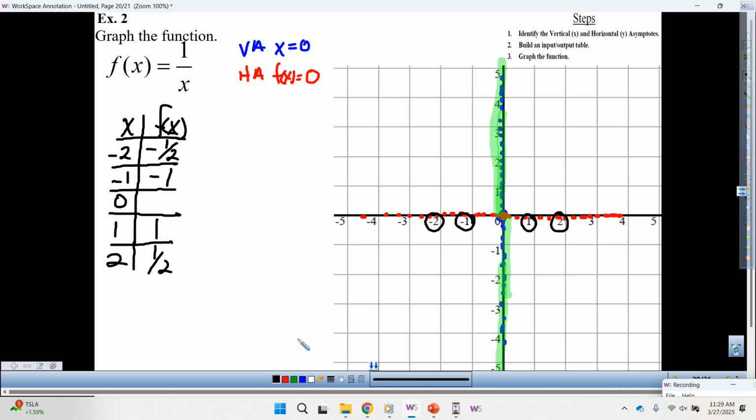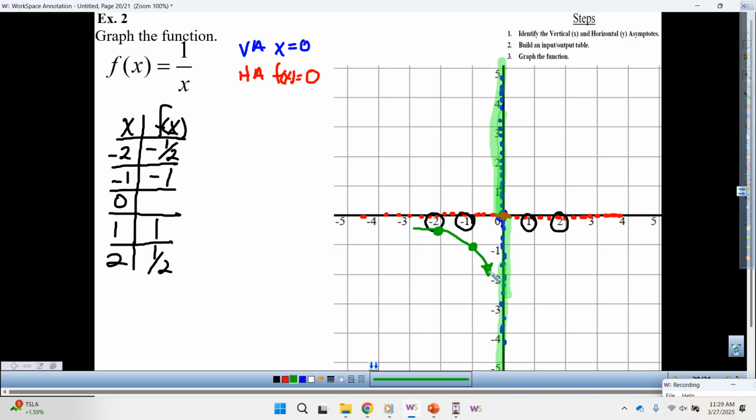So, let's graph that. Here we go. I'm going to use green to graph. -2, -1/2, and -1, -1. Connect them with a little curve to it.